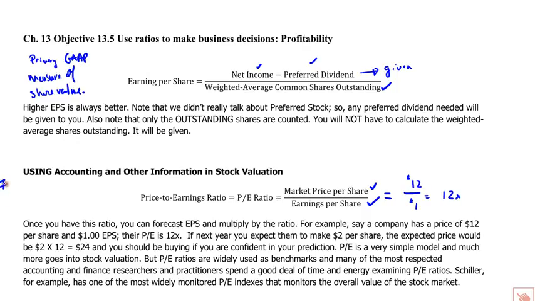So let's say you forecast $2 per share. Then your basic estimate of market price would be $2 times 12 equals 24. And that's screaming buy. Okay, that's one way to use the PE.